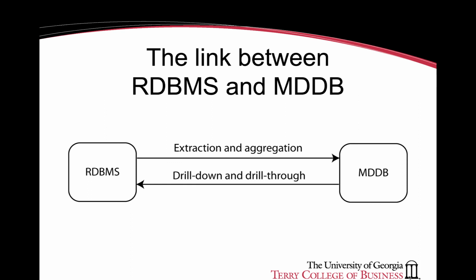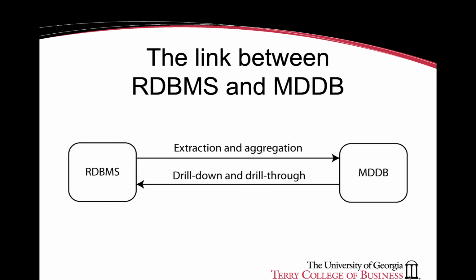One can see a relationship between traditional RDBMSs and multidimensional databases. An RDBMS stores transaction-based data. However, RDBMS systems are not really built for data analytics, and so one relies on multidimensional databases that are linked to RDBMSs. Data is extracted from relational databases and aggregated in a variety of different ways through a variety of different dimensions.